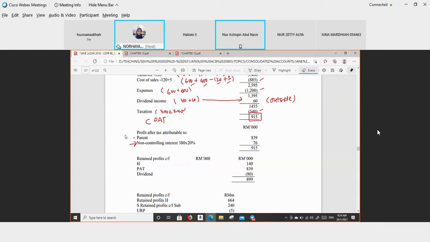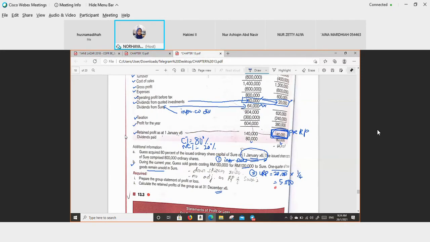Siapa punya profit? Yes, profit of your subsidiary which is Sure lah. Profit after tax. Kalau you tengok dekat soalan, pergi balik, you tengok yang kat sini.